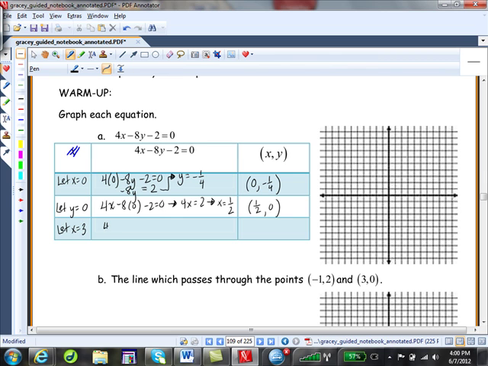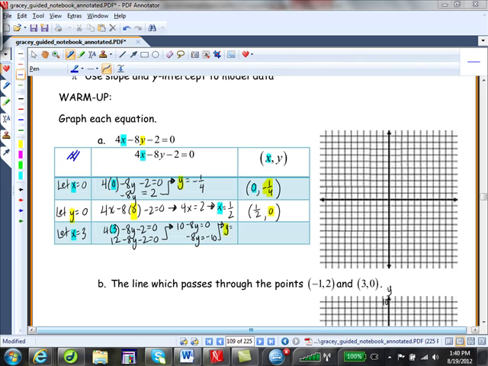So then we'll get 4 times 3 minus 8 times y minus 2 equals 0. This will give us 12 minus 8y minus 2 equals 0. 12 minus 2 is 10. So we'll have 10 minus 8y is 0. Negative 8y is negative 10.